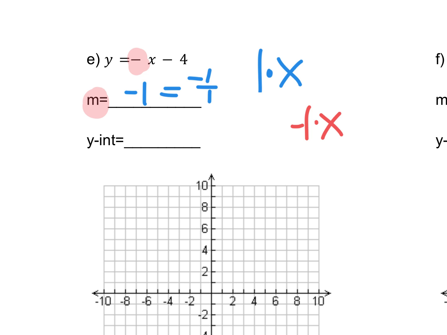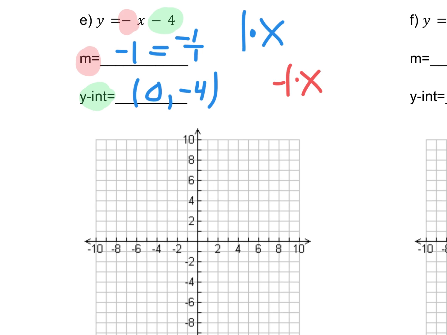So that's the interesting thing about this one. The y-intercept is pretty straightforward, I think. We have -4 as the value, so the y-intercept will be 0, -4. So now if we want to graph this, our y-intercept at 0, -4 is going to be down there on our graph.